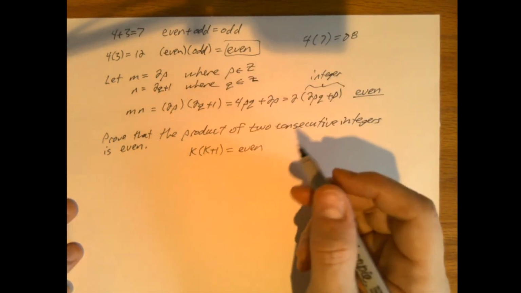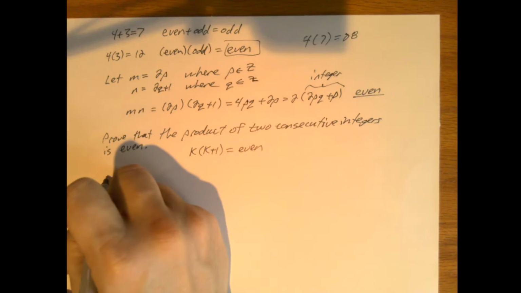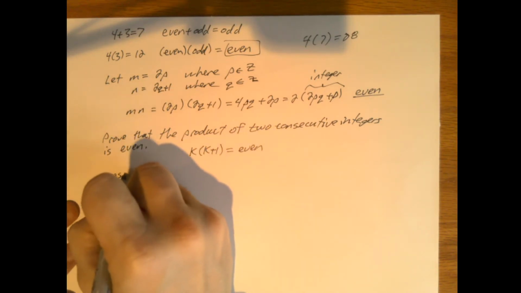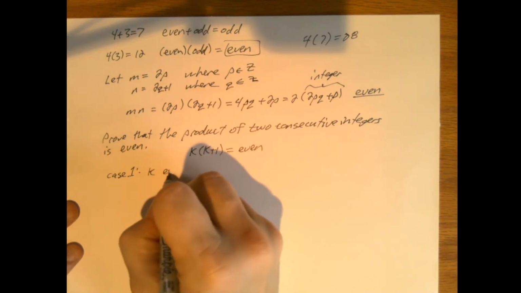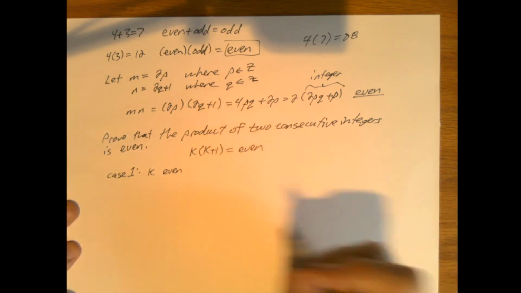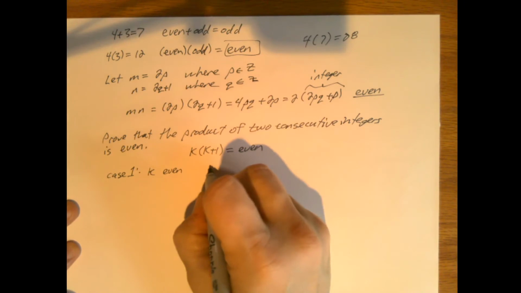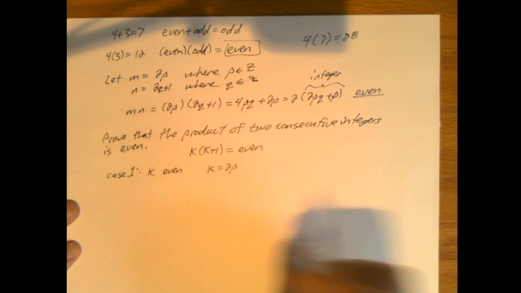So the way I would approach this is this. I'd say, okay, there are 2 cases for what k is. Case 1 is that k is even. And therefore we have k is equal to 2p.